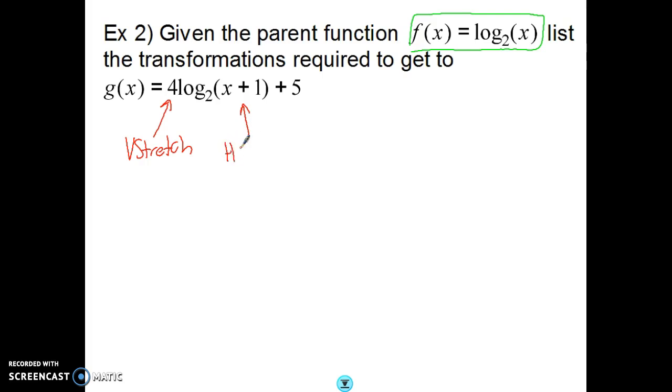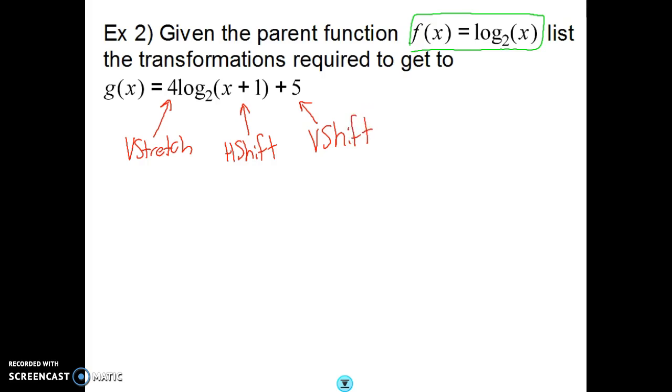I'm either going left or right because I'm replacing what used to just be x with x plus or minus something. And then if I'm adding or subtracting something way at the end, that's what tells me I'm doing a vertical shift, up or down.